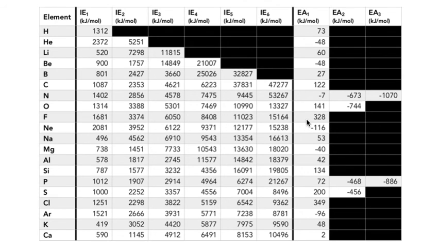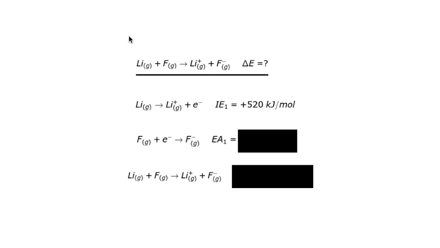Now, it's important to note that since electron affinity is the energy associated with binding an electron, this energy is always negative, meaning whatever value is reported, we need to put a negative sign in front of it. So here we have negative 328 kilojoules per mole.